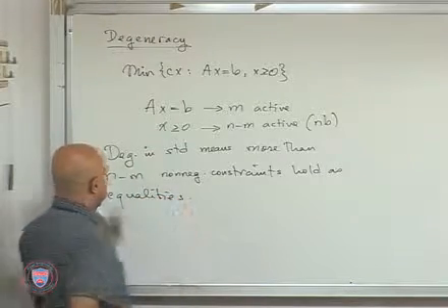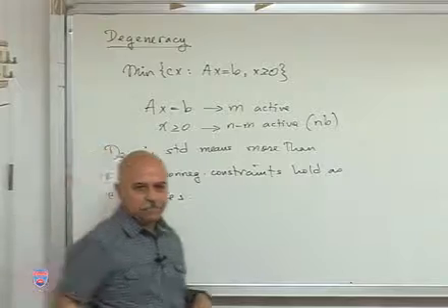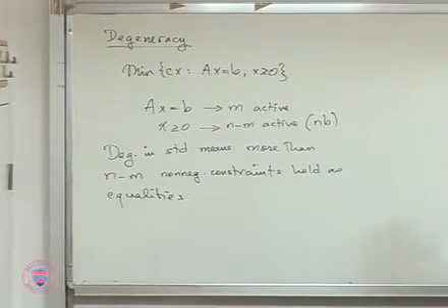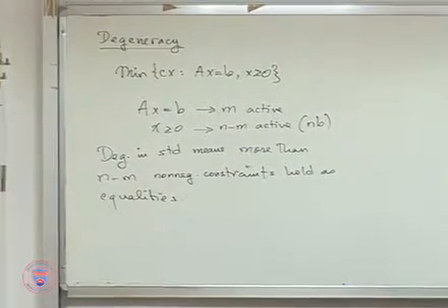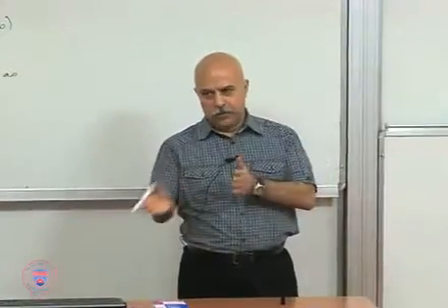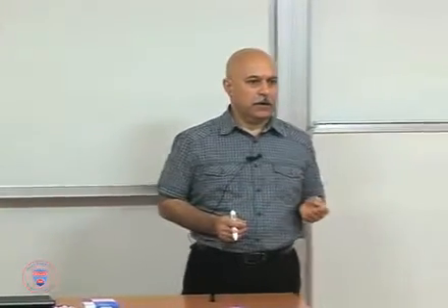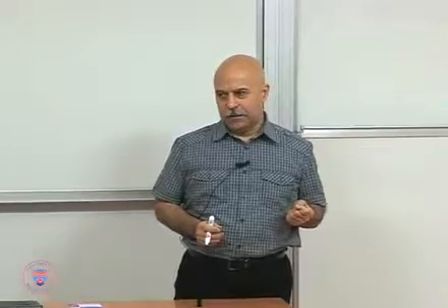Now, if this is the case, when you have more than n minus m, of course, n minus m of them will be the non-basic variables. The remaining ones, the ones that you exclude, will be basic variables, but nevertheless, they will be at value 0. Okay?